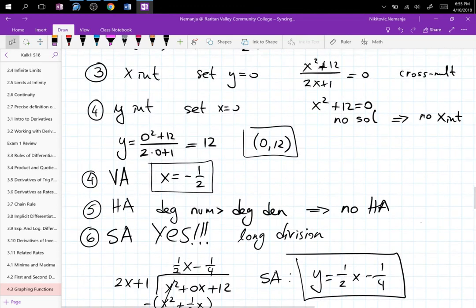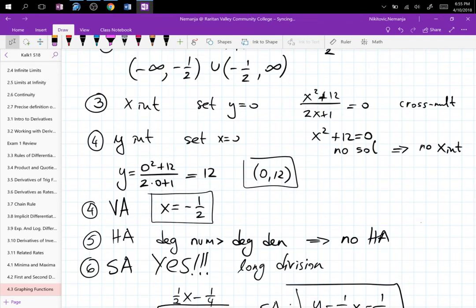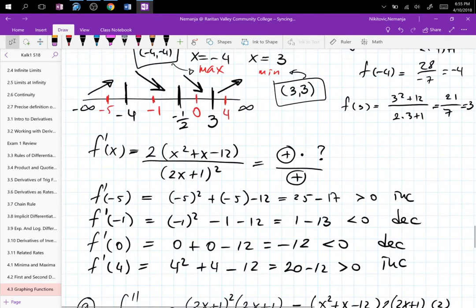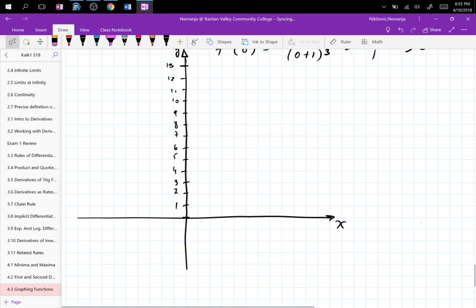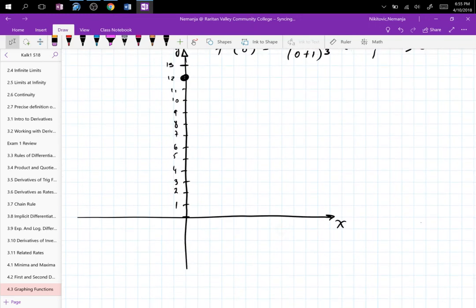No X-intercepts, 0, 12, negative 1/2 on the asymptote. So 0, 12 is over here. And now I have all of my points on the opposite side, so I'm just going to fix that.